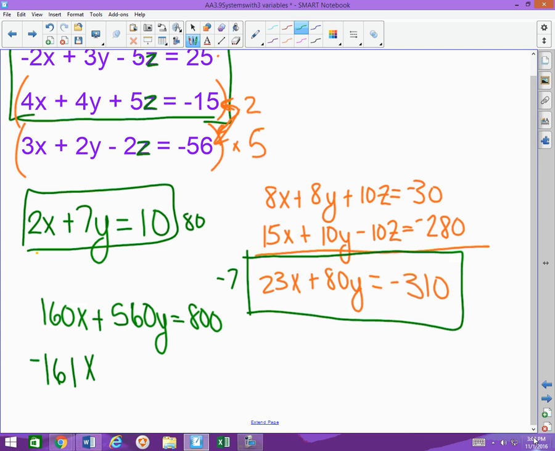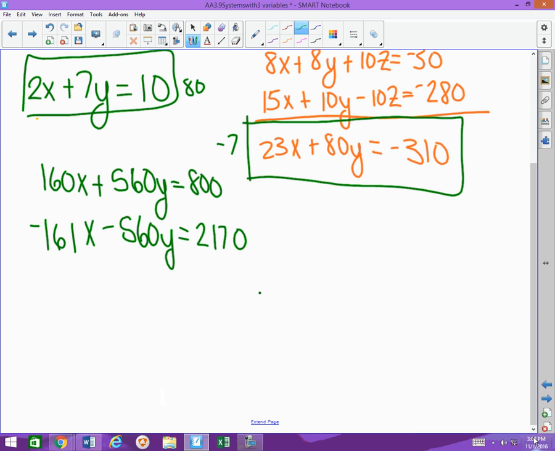161x minus 560y equals a positive 2170. And so now we get, draw our line and add that together.